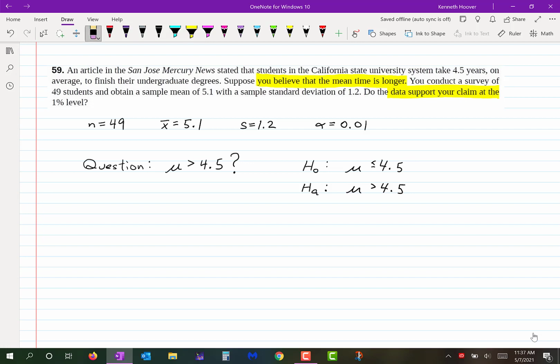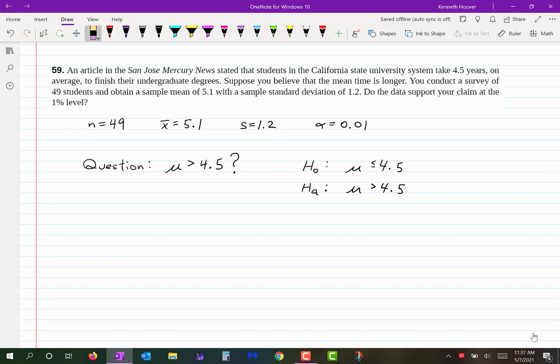Okay, now just like before, I'm going to ask a question. Should we use the normal distribution or the t-distribution for this question? Okay, so notice that we do not know sigma, the population standard deviation. We only know the sample standard deviation. So first thing that tells me is I might need to use a t-distribution because I don't know sigma. If you know sigma, you use the normal distribution.